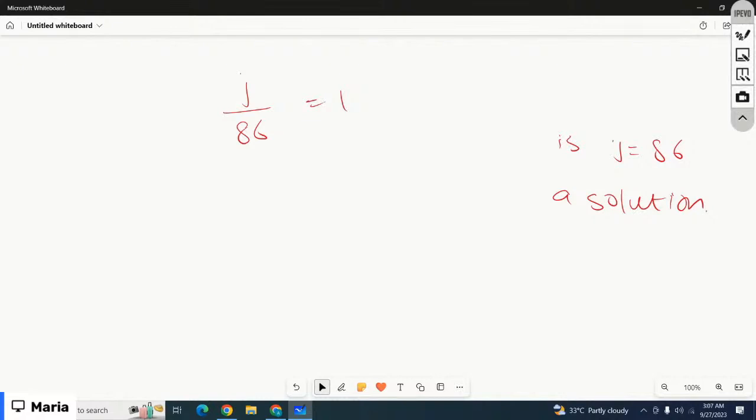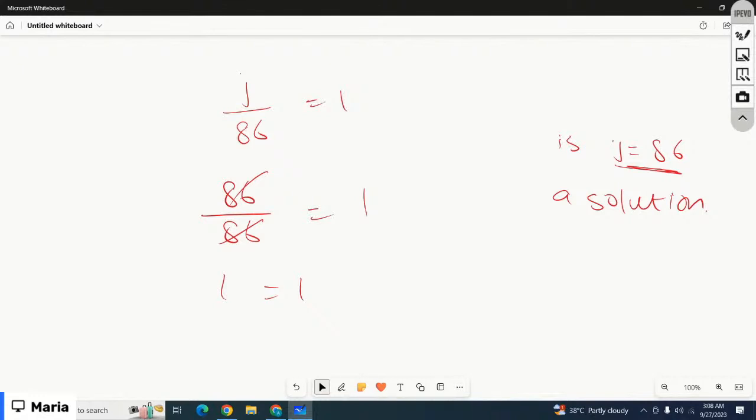How do you know? You have to replace the variable j with the value. Just replace this j with 86. So 86 divided by 86 is 1, and 1 equals 1. That means yes, j equals 86 is a solution of the equation.